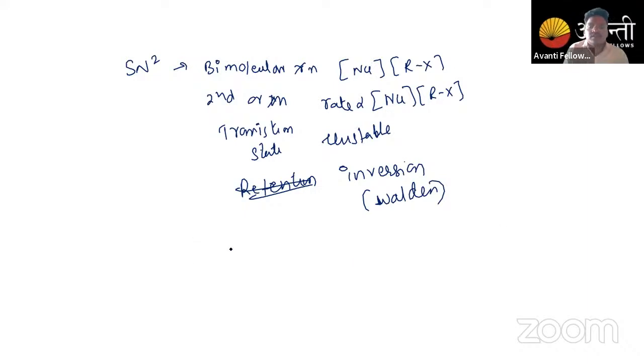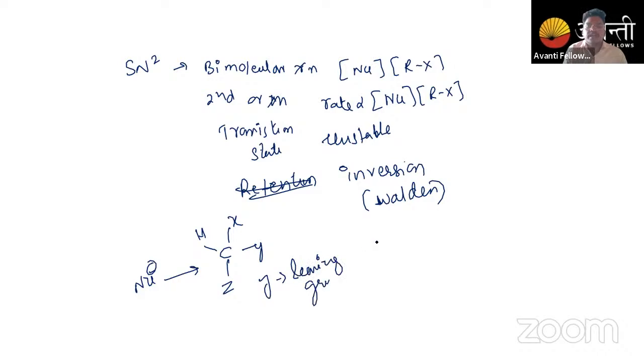That means, suppose you have X, Y, Z and hydrogen, and the nucleophile is attacking, and Y is the leaving group. Then this will become C, H, X, and Z, and here you have the nucleophile. So the nucleophile is attacking from the backside.